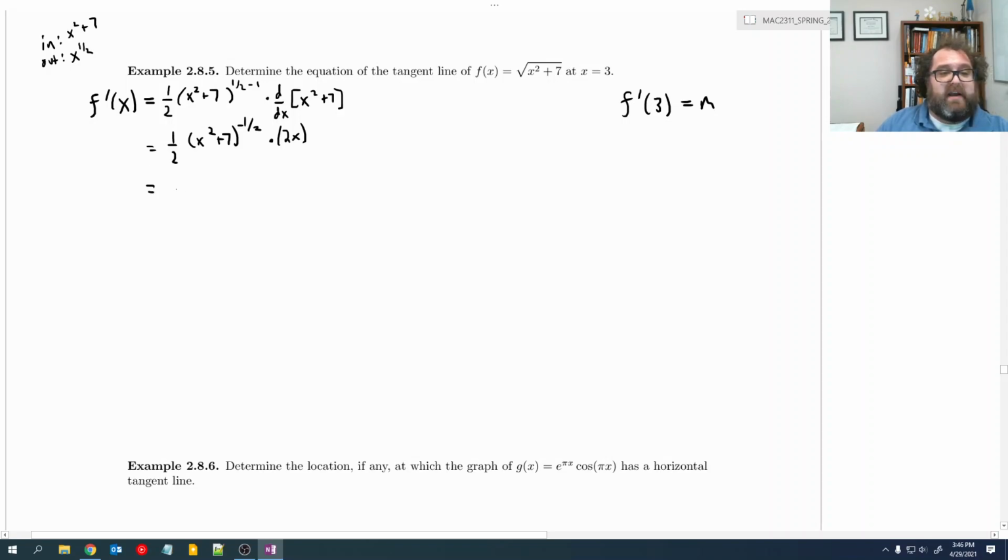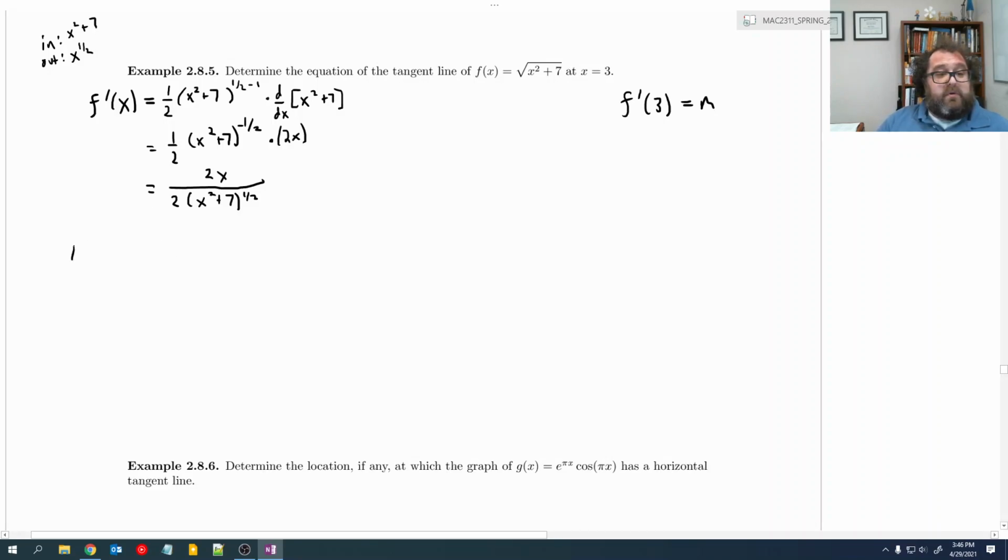Now, of course, we want to write this without negative exponents. So we have a negative exponent here, so that's going to put a 2 on the denominator, then x squared plus 7 to the 1/2 power on the denominator, and that leaves me with just a 2x on the numerator. Now, that's our derivative, and we need the slope, which means we just need f prime of 3.